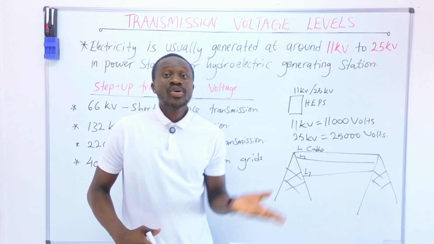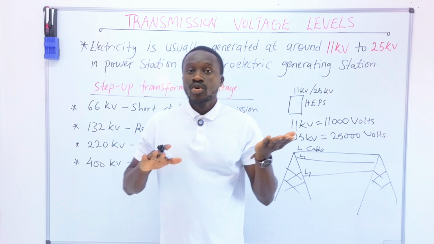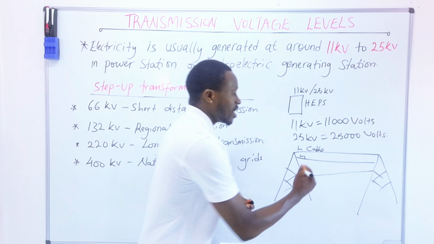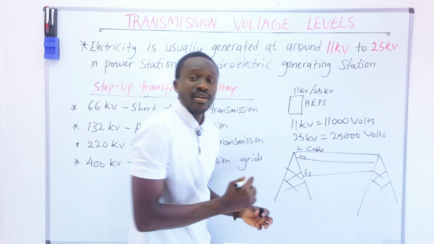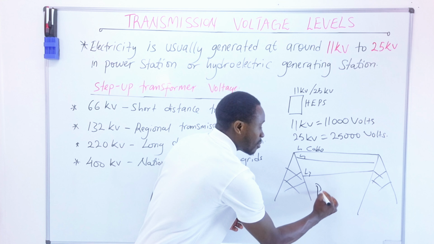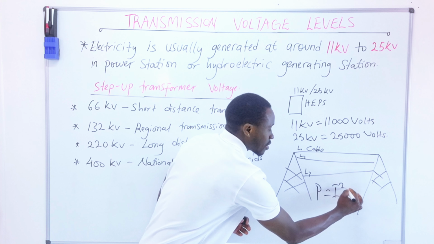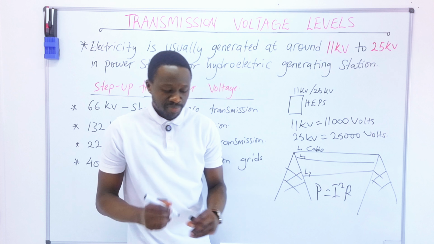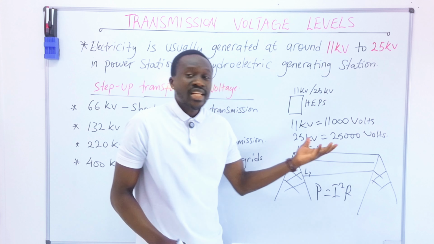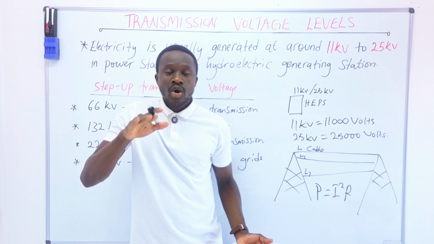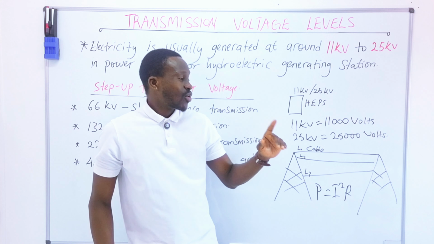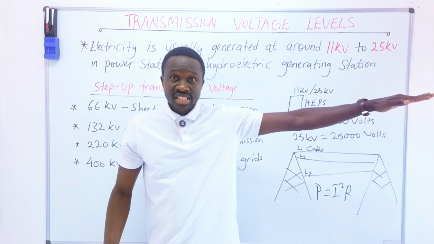And once we increase the voltage, it is logical that current will lower, and power loss will be less. That's why we use this formula: power equals current squared times resistance. Because current will be lowered when we increase the voltage, the power will be stable.